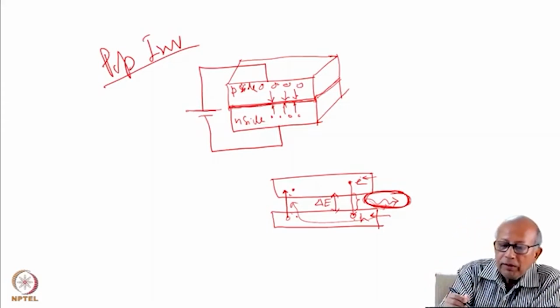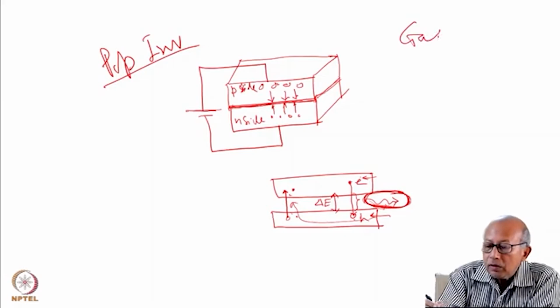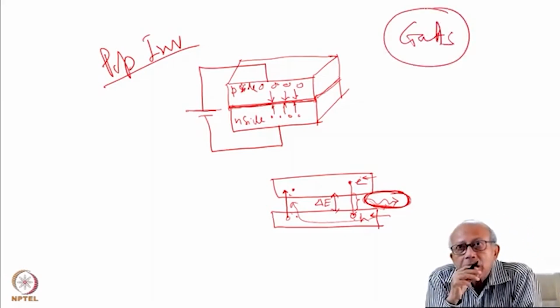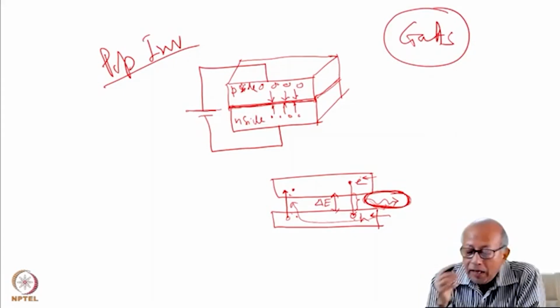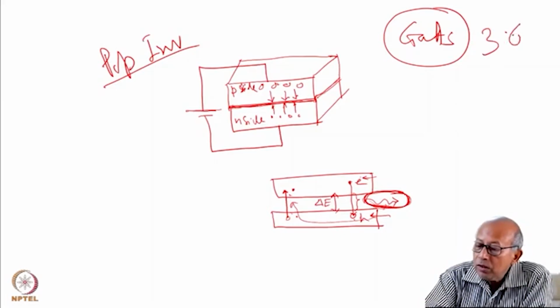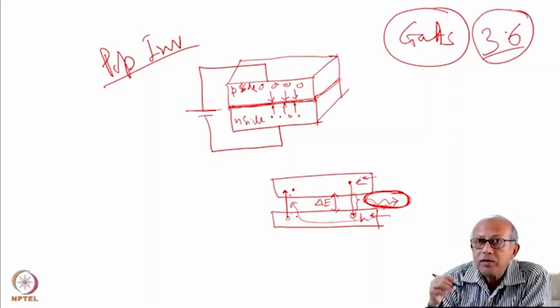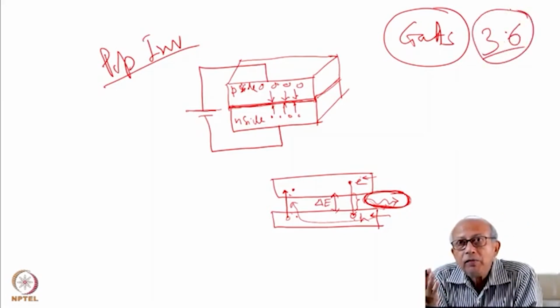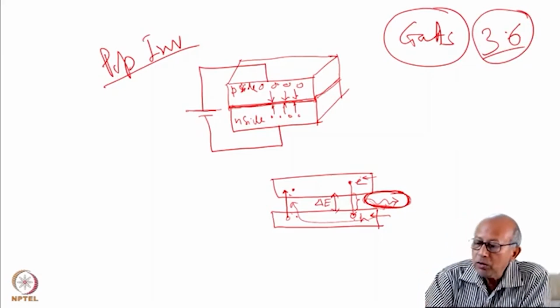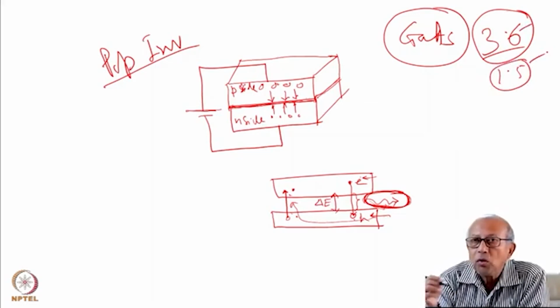For example, gallium arsenide, the most popular semiconductor material for the generation of light, has a refractive index which is 3.6. Compare it with the refractive index of glass, which is usually about 1.5. So this is much more than this.